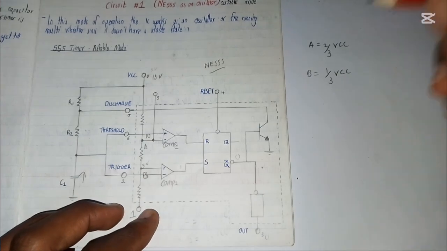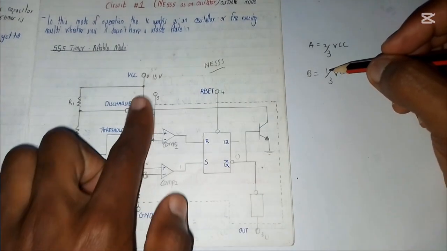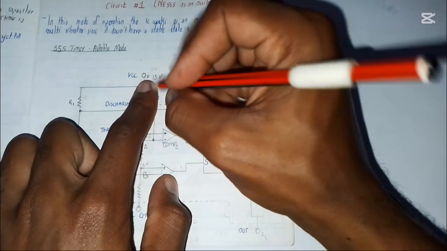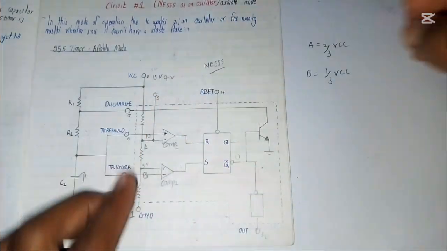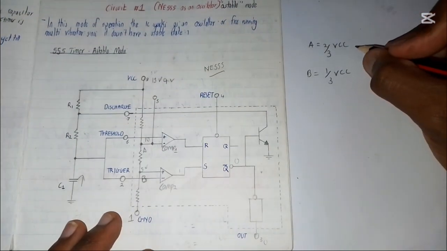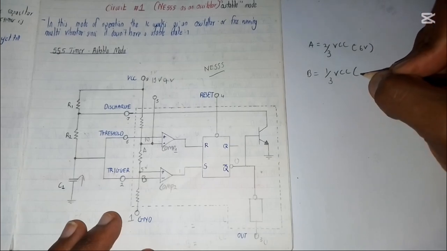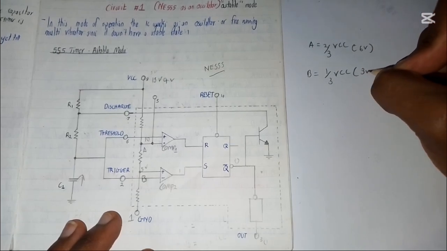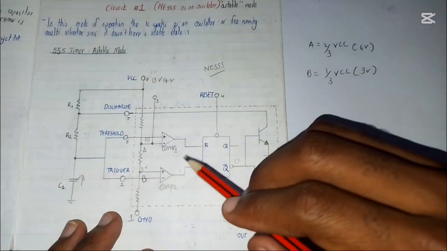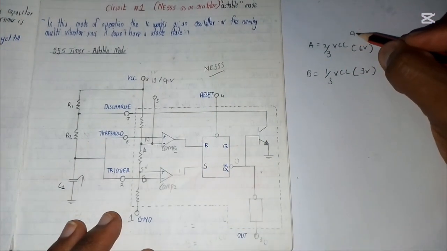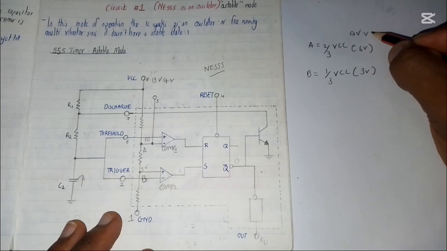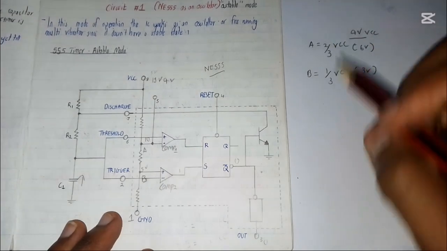So if I'm working with 9 volts, this part will have 6 volts, and this part will have 3 volts.